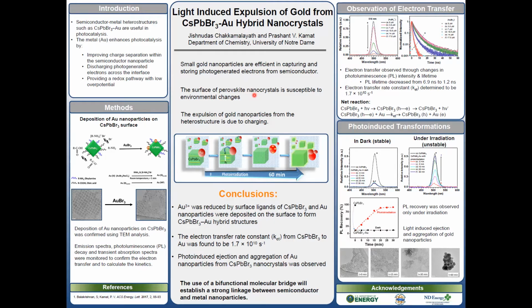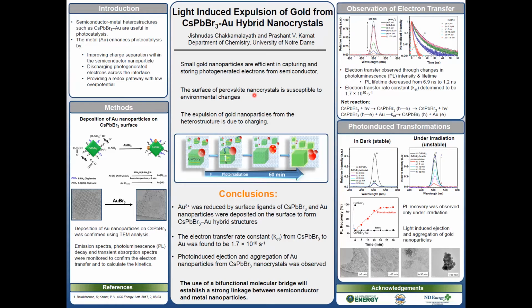What I mean by molecular bridge really is this: here, I'm actually adding Au3+ ions. So the ions itself get reduced to Au0, and the Au0 forms the nucleus to form the nanoparticles. This is kind of an in situ production of gold nanoparticles. But if I'm using a molecular bridge, I can synthesize the gold nanoparticles separately, with a bifunctional ligand as a capping agent, and add it so that it can bind to the cesium and bromide.